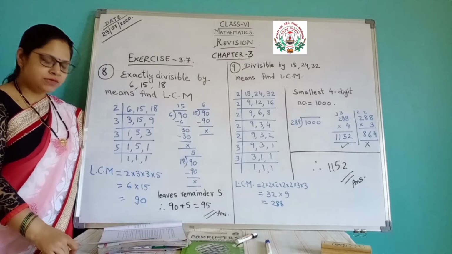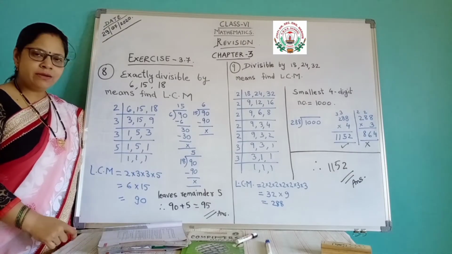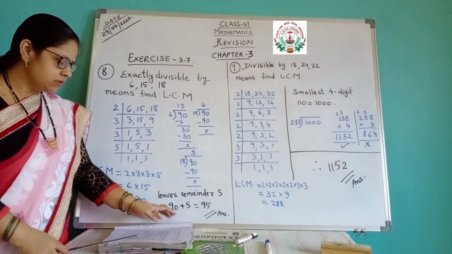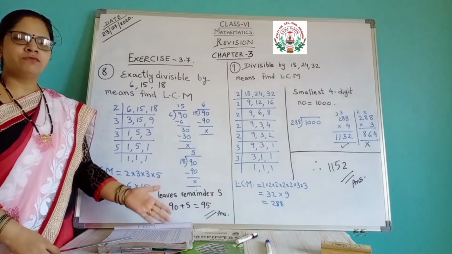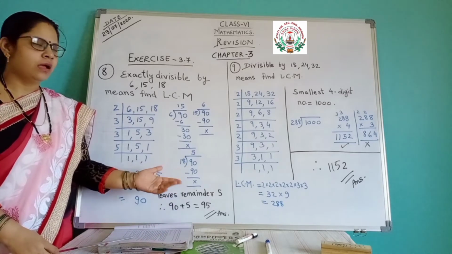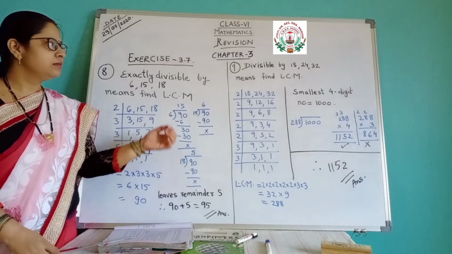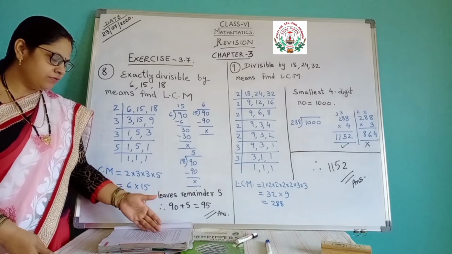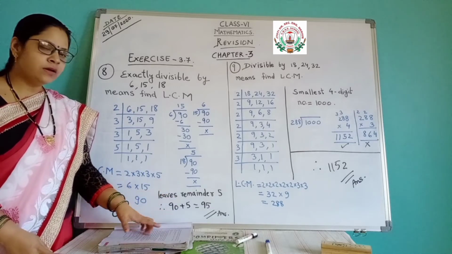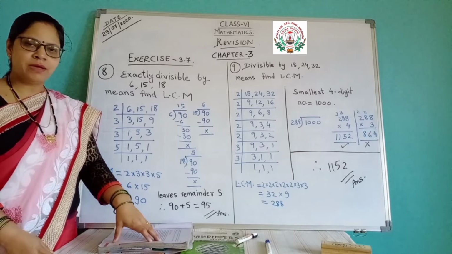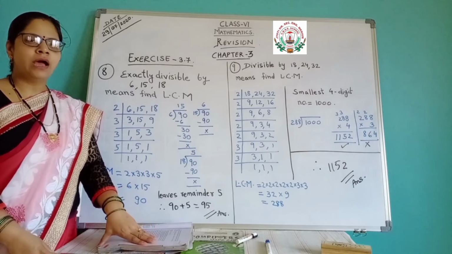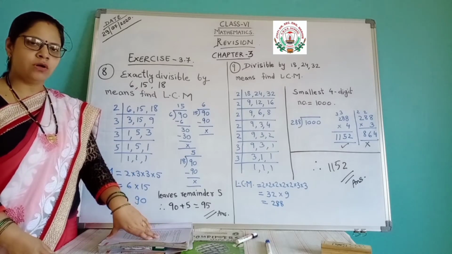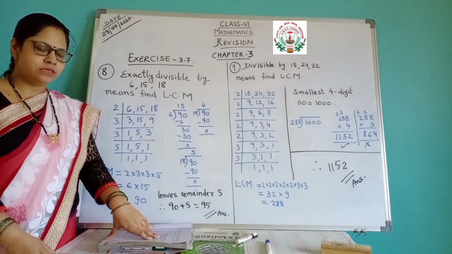Now coming to question number 8. I am telling all these single-line questions because these are the important questions, such as the smallest 3-digit number, 4-digit number, leaving the remainder, and all these kinds of questions which are single-line but important. In the bigger questions, where maximum, meaning highest, is written, you have to find the HCF, and where minimum, meaning least or lowest, is written, there you find the LCM.